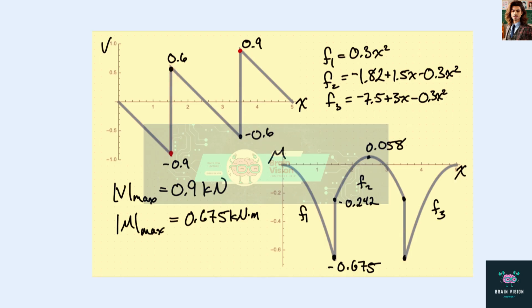Then we have again another downward slope, same slope, and we get to minus 0.6 kilonewtons. Then we have another jump of 1.5 kilonewtons up to 0.9.